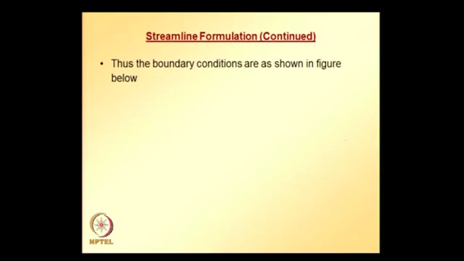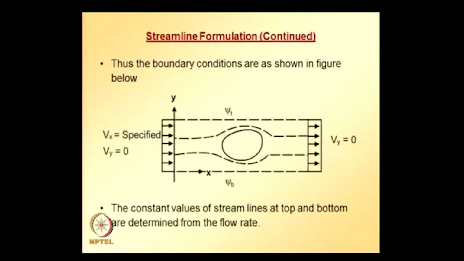The boundary conditions are as shown, that is at the far left end Vx is specified, Vy is equal to 0, and at the far right end Vy is equal to 0 again, and stream function at the top is denoted with psi subscript t, and stream function at the bottom is denoted with psi subscript b.